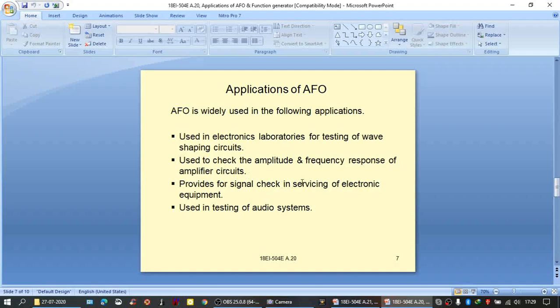These are the important applications where an AFO is widely used.